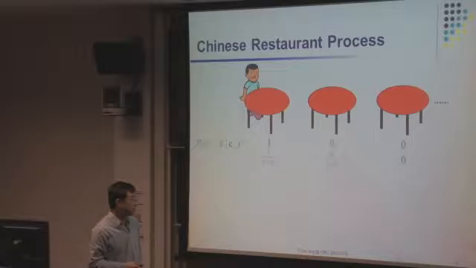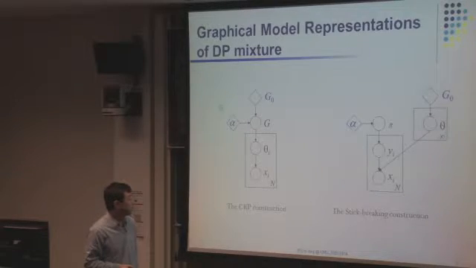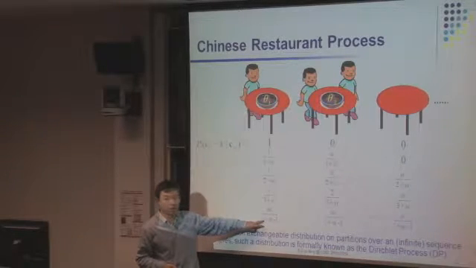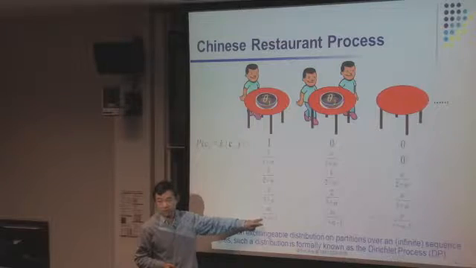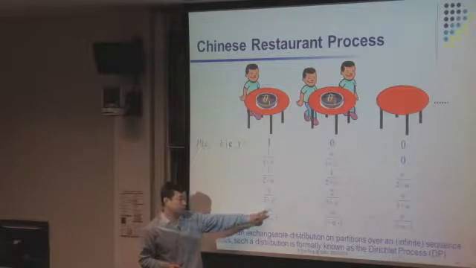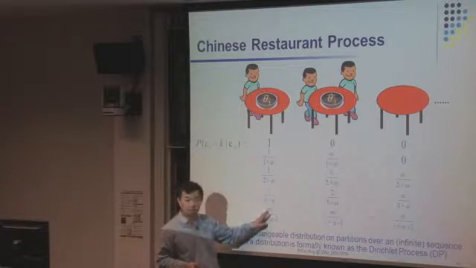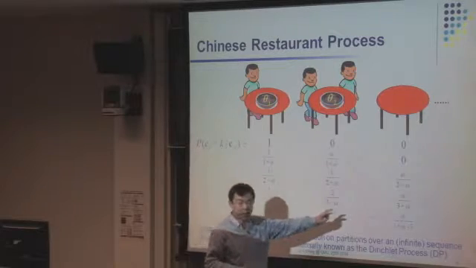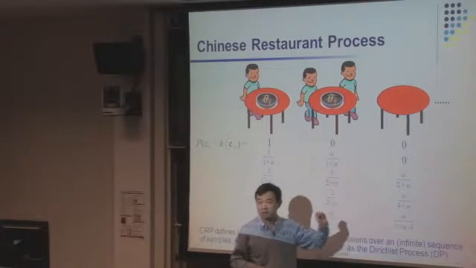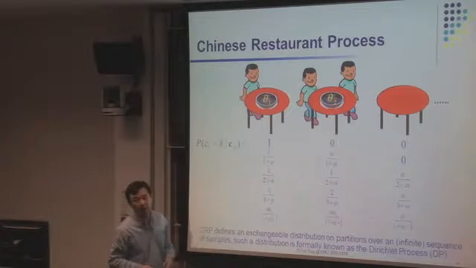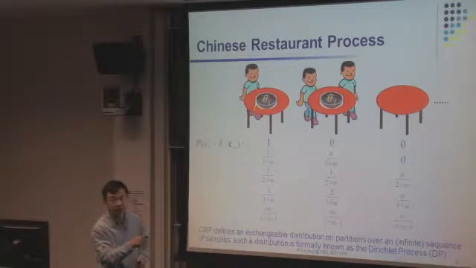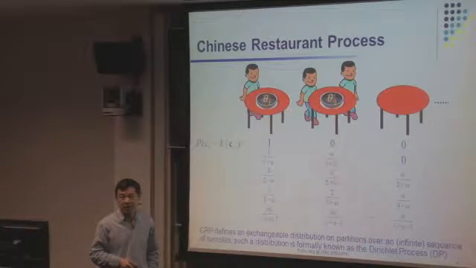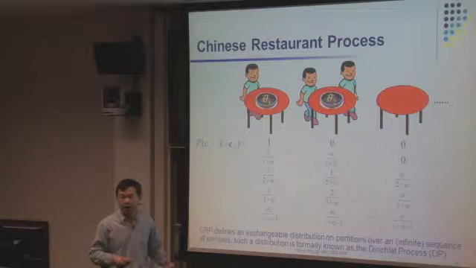In a nutshell, the probability can be defined here: the ith customer comes in and looks at how the i-1 customers sat in the previous rounds, and then he chooses each table with probability proportional to the number of customers already at that table, and he can start a new table with the residual probability. Okay, and that automatically creates a scheme to group all these different customers. So this is often used as a mechanism to allow infinite clustering.